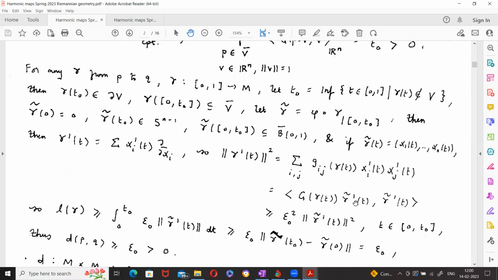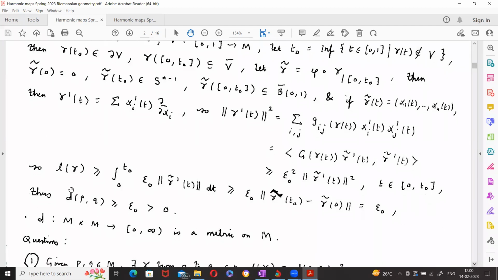Now, if I divide by norm of gamma tilde prime(t) squared and multiply by that, then I'll get G acting on a unit vector, inner product with a unit vector. So this is going to be greater than or equal to epsilon naught squared times the norm of gamma tilde prime(t) squared, right?